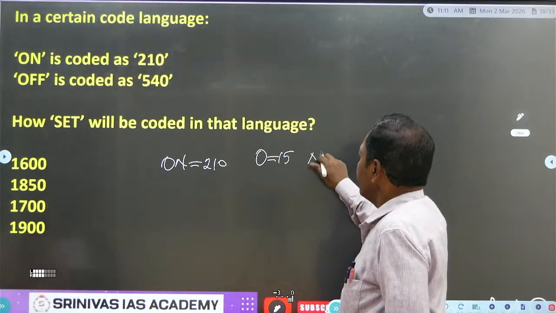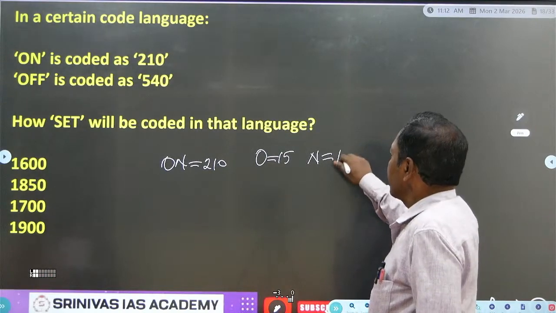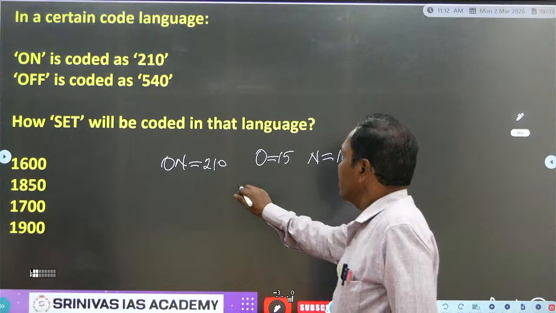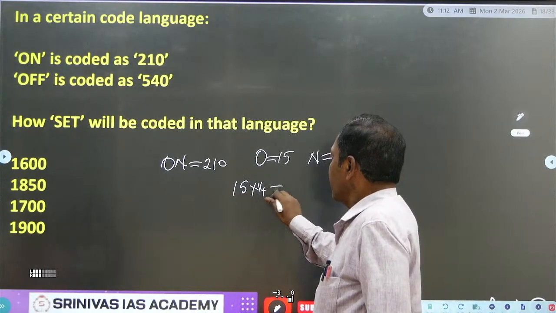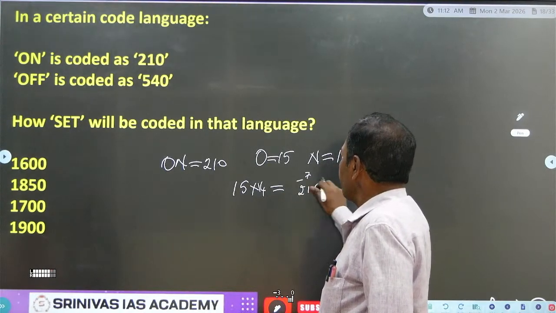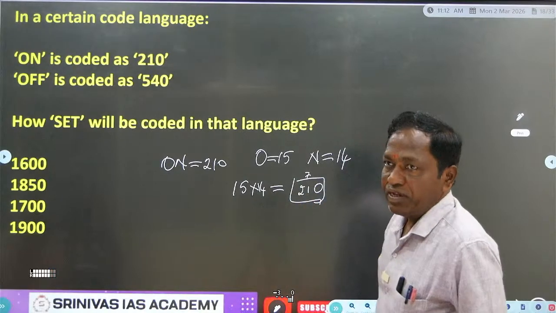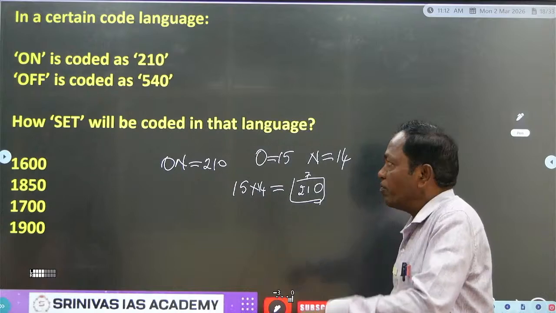And N equals 14. 210 is there. 15 into 14, 14 fives are 70, 210, yes. The product of the position of the letters in the alphabet.